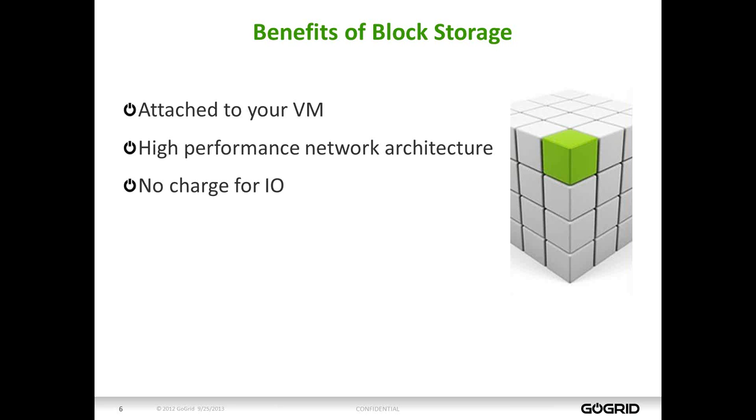Again, this is a new product, so all the network architecture, hardware, and networking side of it has been built from the ground up, so it's all entirely new infrastructure. One of the benefits is there is no charge for I/O at all. So basically, you can throttle all the I/O you want. There's no charge for it. That's great. That sounds great.